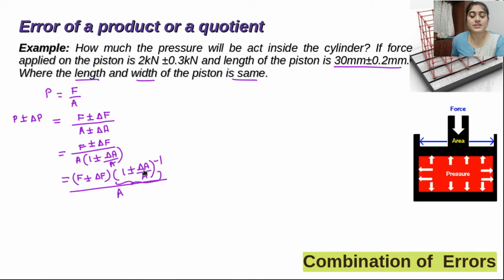In the binomial series, it's required that this value should be less than 1. I have explained what exactly the binomial series is, how to expand it, and why, if the exponent is minus, it is called a series. That video I have given in the description box.